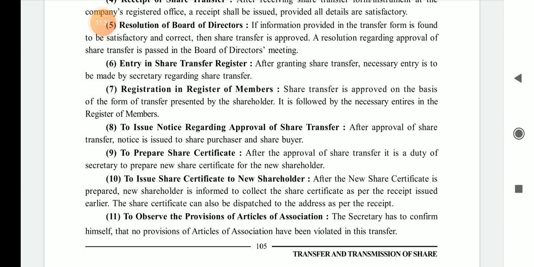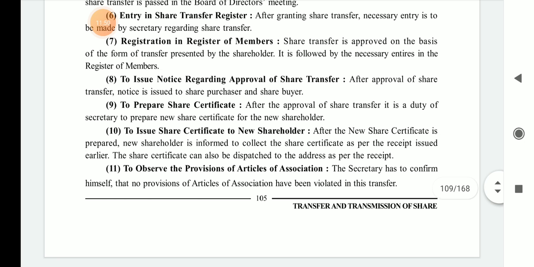The share certificate can also be dispatched to the address as per the receipt. See, if the person is not able to collect the share certificate from the company's office, at that time the share certificate is dispatched to the address mentioned by him or her in the company's registered office.